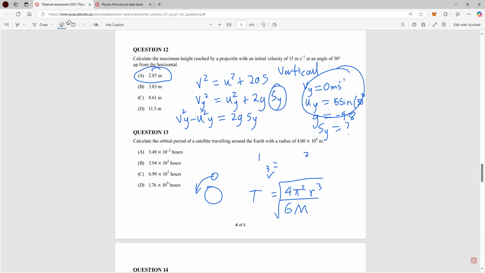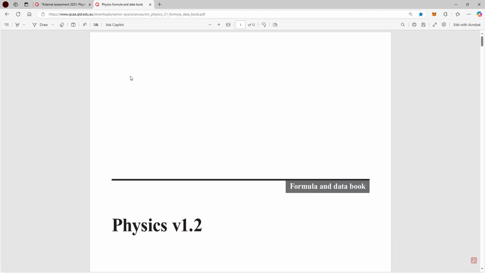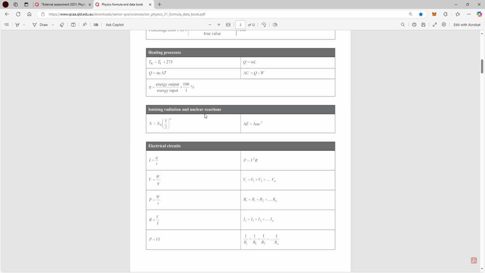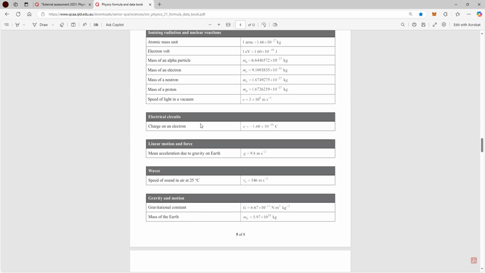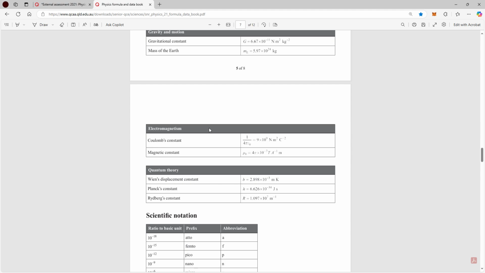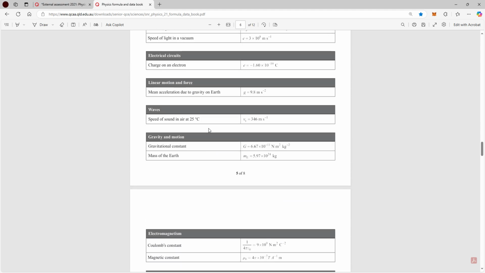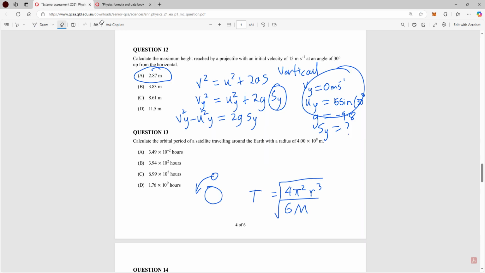Now let's actually just chuck in the numbers. We know from our data sheet, so we go back to the formula sheet here, I don't think we used it in this video yet, down here, there we go. So mass of the Earth and gravitational constant are given there for you. So here we'll just chuck it in.